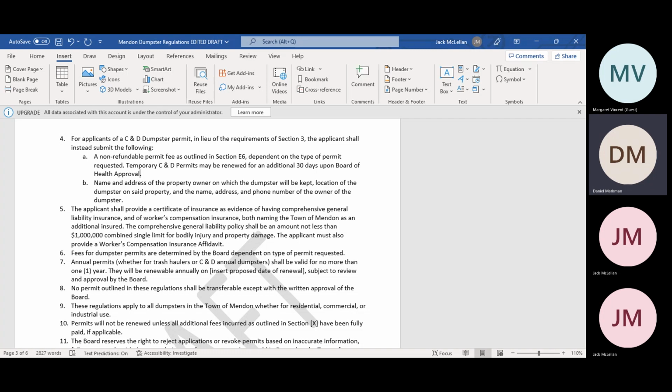So typically, even temporary dumpsters, especially in smaller towns like this, would be done by the specific haulers. And the reason why temporary C&D dumpster permits might be better than just getting an annual C&D dumpster permit and giving out however many dumpsters as you want is there are instances where haulers might just not be doing that much business in your town.